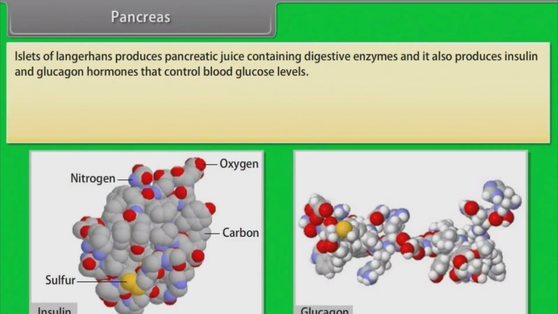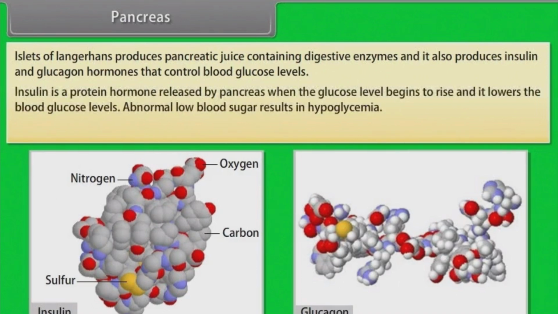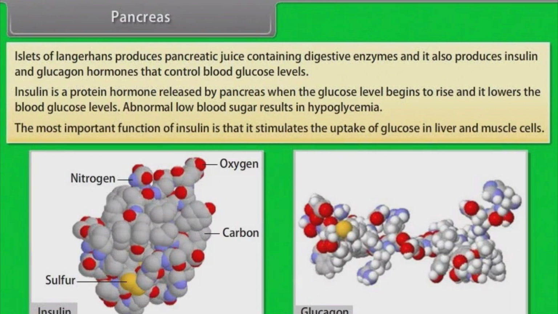glucose level. Insulin is a protein hormone released by the pancreas when the glucose level begins to rise, and it lowers the blood glucose levels. Abnormal low blood sugar results in hypoglycemia. The most important function of insulin is that it stimulates the uptake of glucose in liver and muscle cells.